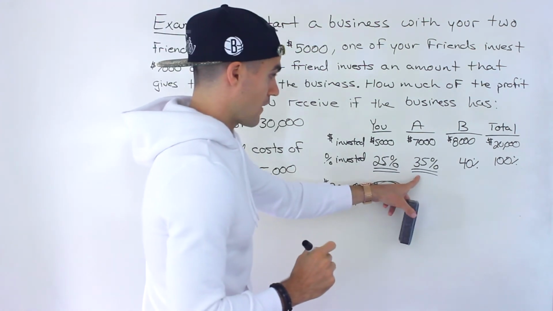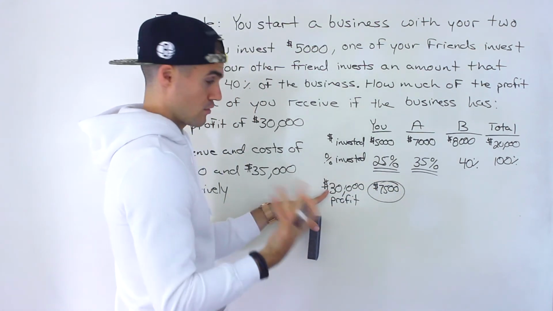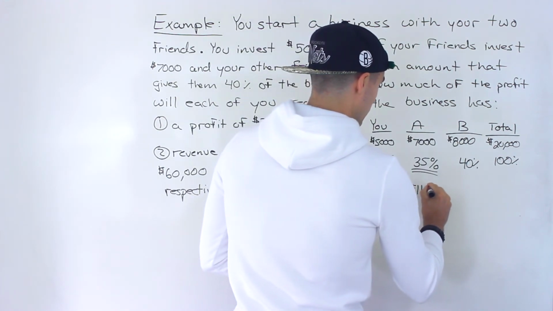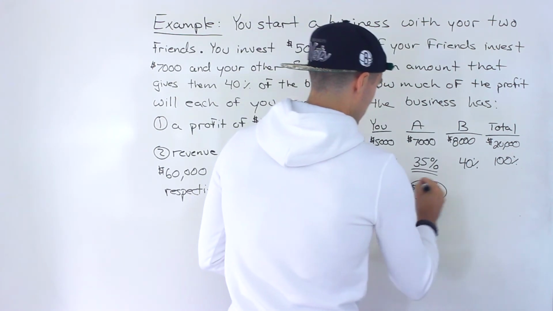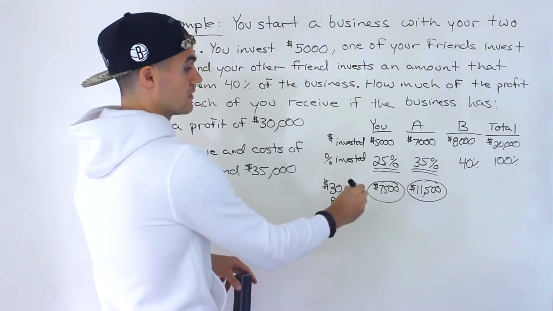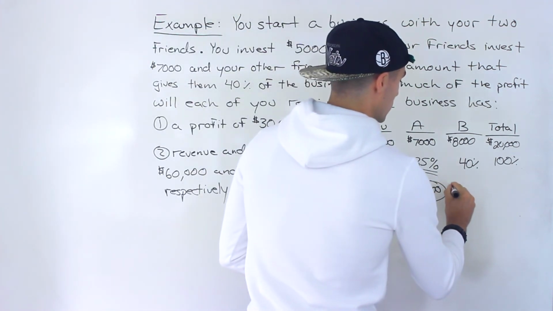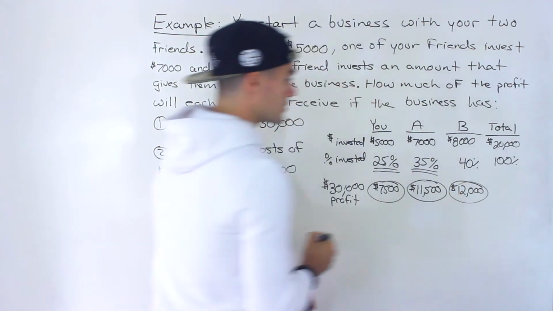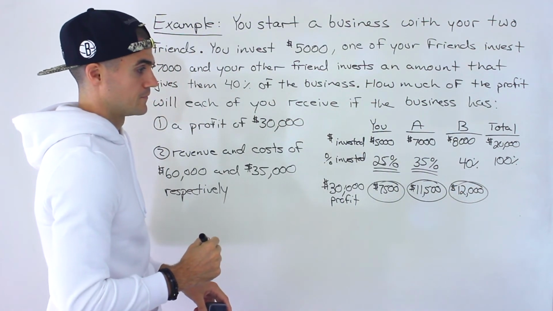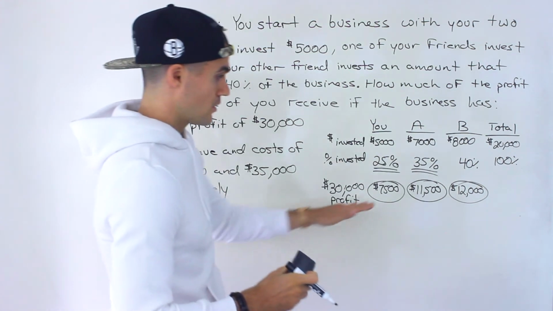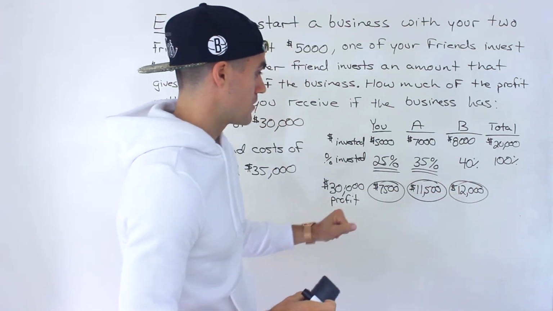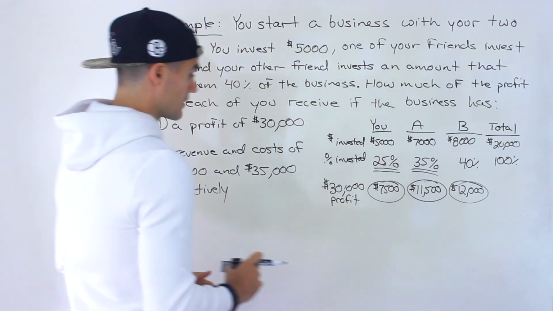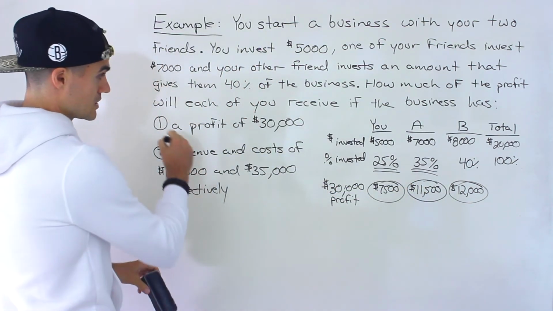And then 35% of 30,000 would be 10,500. And then 40% of 30,000 would be 12,000. That's how much friend B would get. So those are the breakdowns, and notice that if you total them up, it equals that $30,000 profit. So that's the answer to number one.